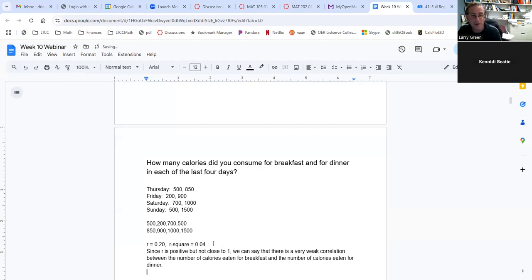Let's interpret the R squared. R squared is 0.04. What we can say is that there is a pretty big variation in the number of calories eaten for dinner.